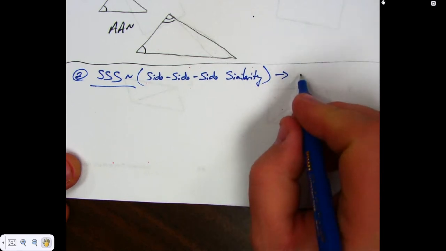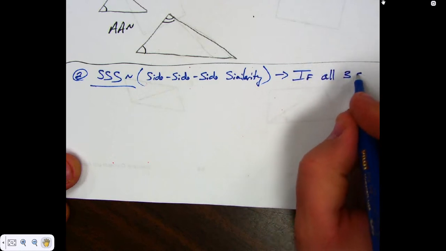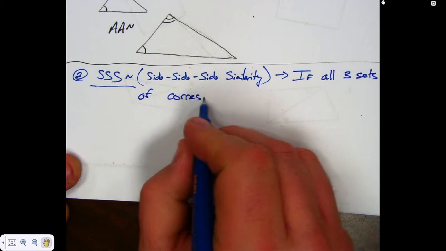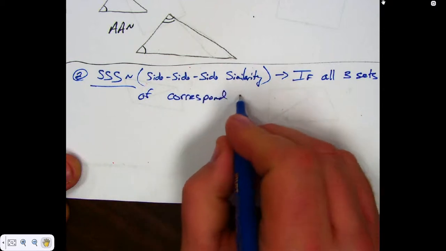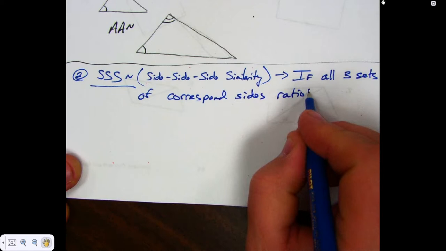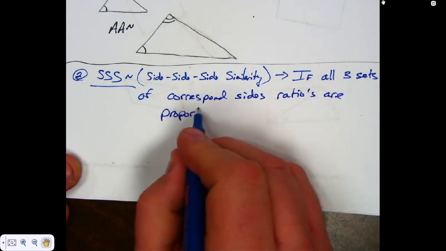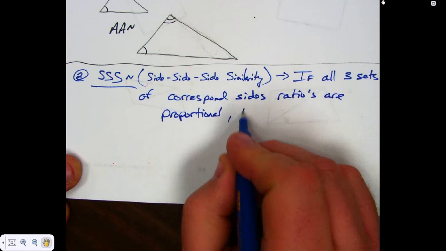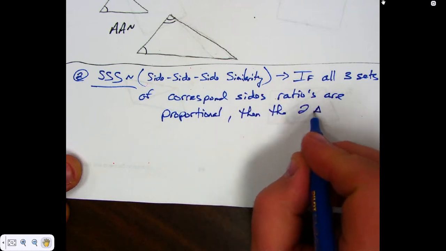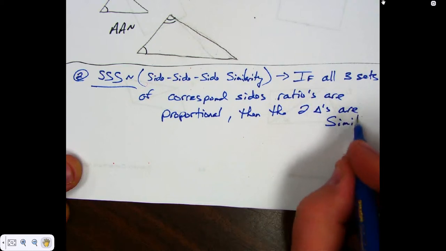So what I say here, if all three sets of corresponding sides ratios are proportional, then the two triangles are said to be similar.